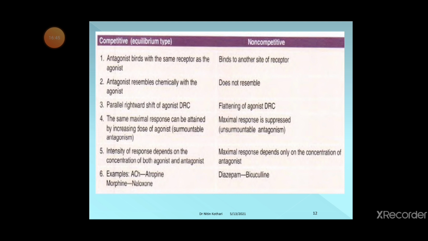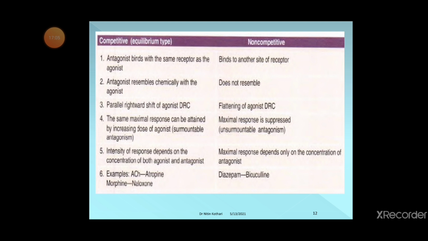But in non-competitive antagonism, the antagonism is unsurmountable. So this is the surmountable antagonism.